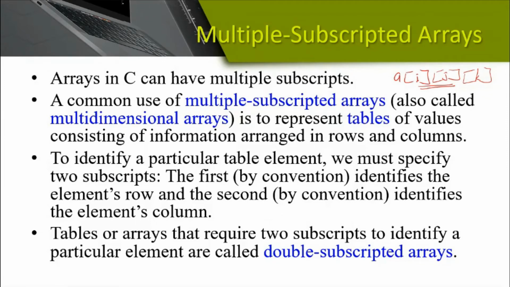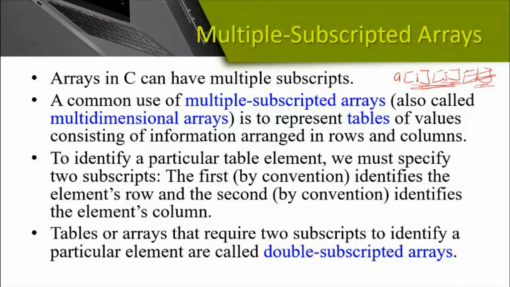See, I is one subscript, J is another subscript, and K is the third subscript. So this is a three-dimensional array, or it is known as multiple subscripted arrays. Multiple subscripted arrays can be used in order to represent values in a table.